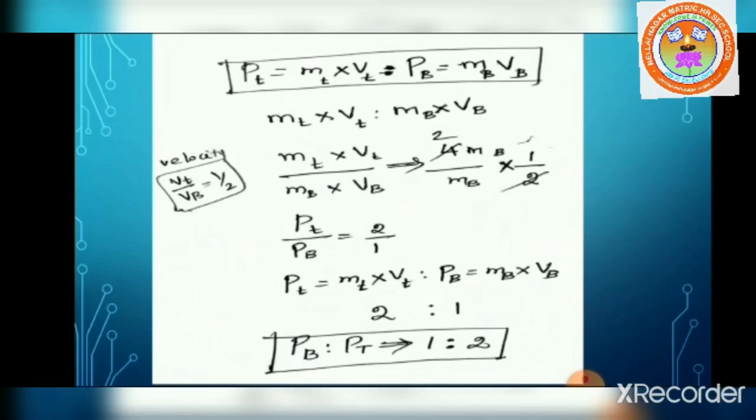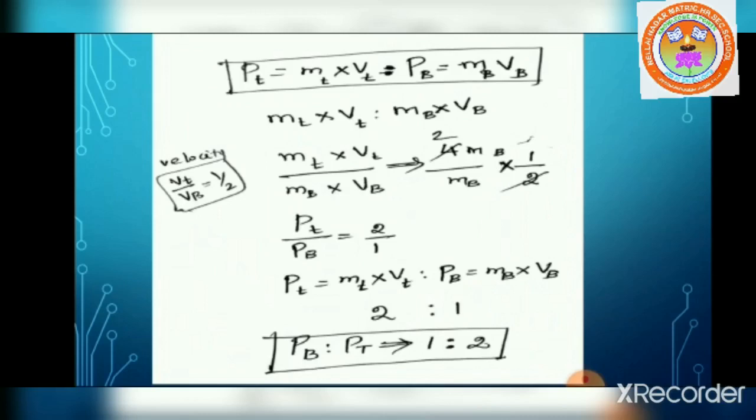With the divide symbol, that is mt into Vt divided by mb into Vb. Instead of mt we should write here 4 mb, 4 mb divided by mb.